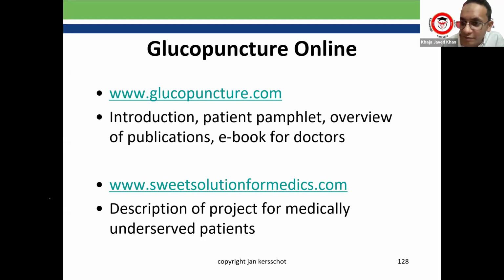One more, I think we have a couple more questions over here. So one question which people have asked: since it's a sweet solution, a sugar solution, how about the usage in diabetic patients? Can we do it in well-controlled glycemic patients, or is there any contraindication for using it in diabetic patients? You mean diabetic patients, can we use glucopuncture? No problem. 5% means 95% is water.